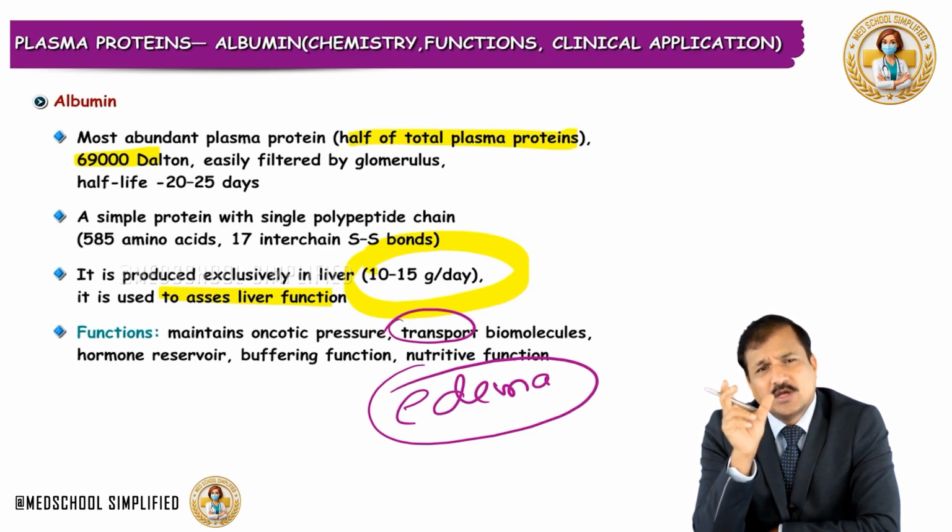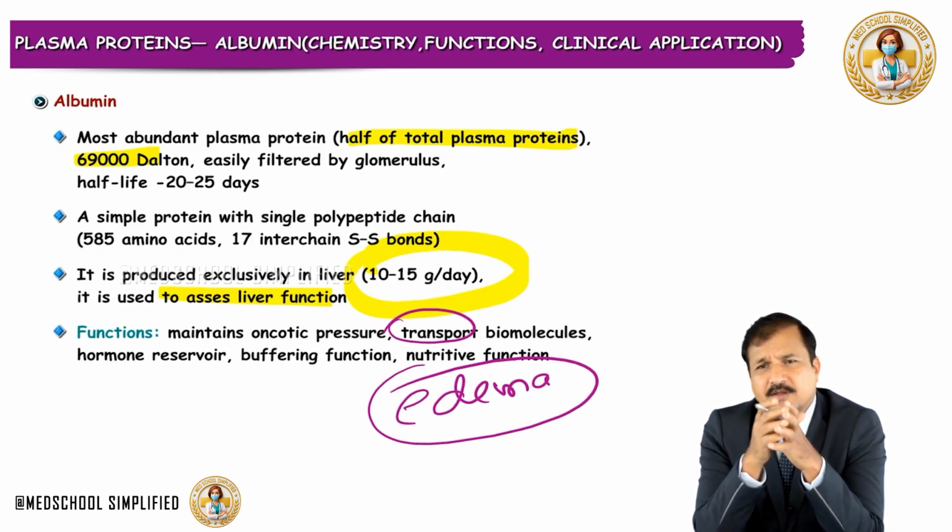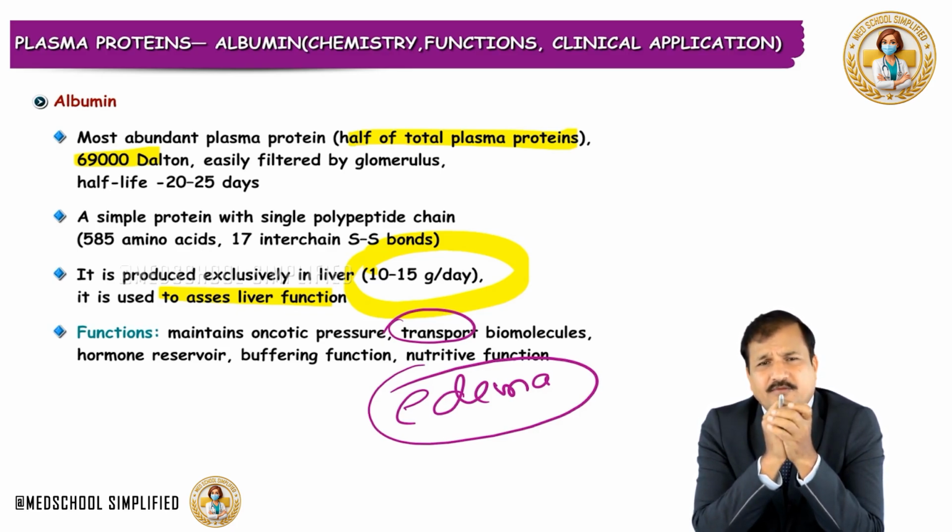Also, albumin is a circulating reservoir for hormones, because many hormones, especially steroid hormones, make complexes with albumin, thereby preventing their loss by renal filtration.